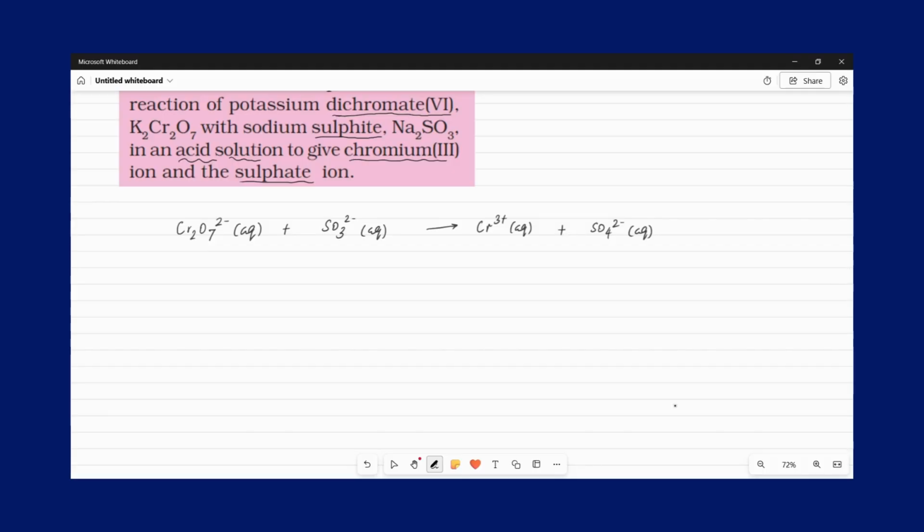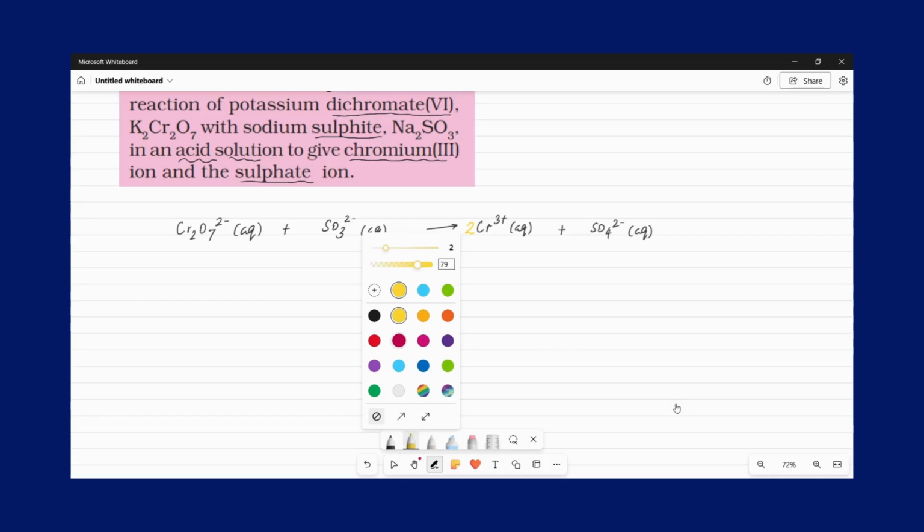Sulfur is already balanced, with only one sulfur on both sides, but chromium is not, so I add 2 here: 2 chromium 3 plus.